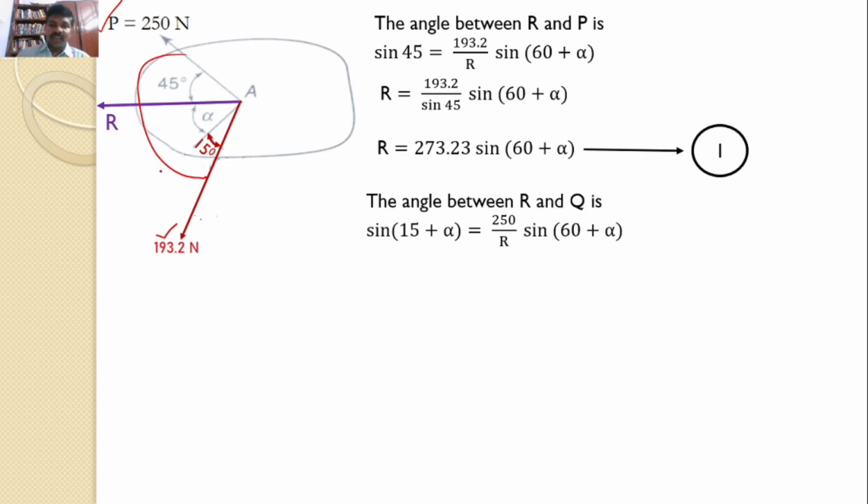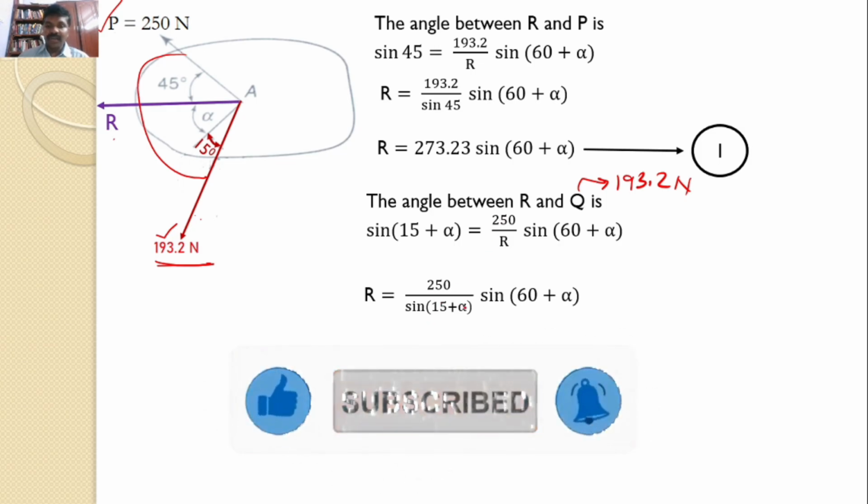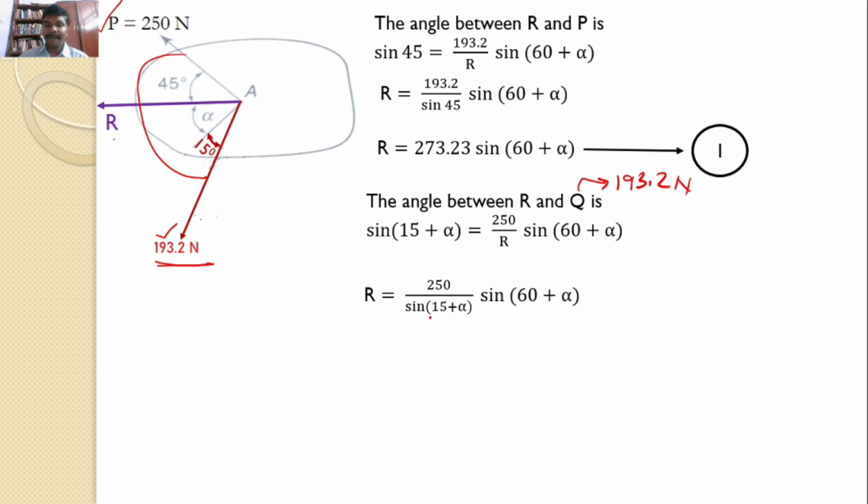Now I will take the other equation. I know that the angle between R and this 193.2 is 15 plus alpha. So I can say that sine 15 plus alpha is equal to P by R into sine 60 plus alpha, that is 250 by R into sine 60 plus alpha. So I can simplify and write that R is equal to 250 by sine 15 plus alpha into sine 60 plus alpha.